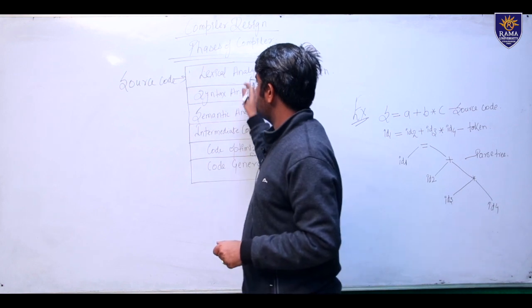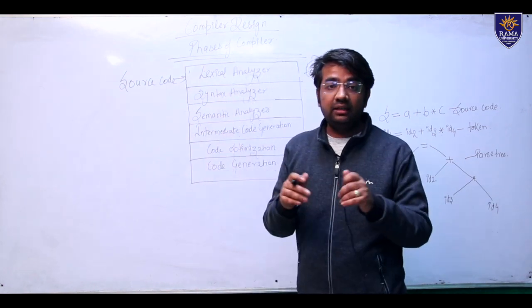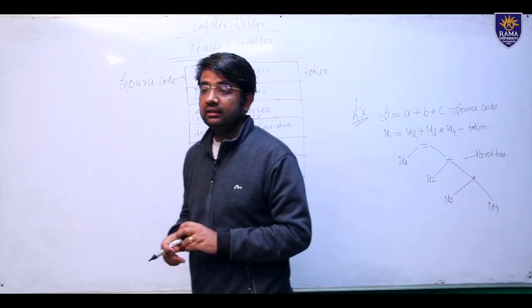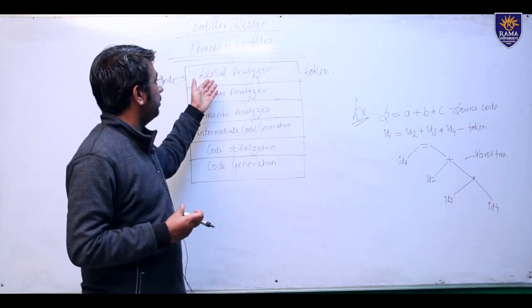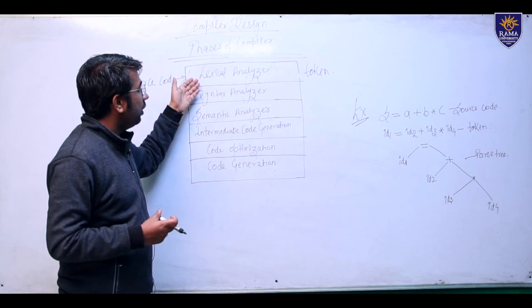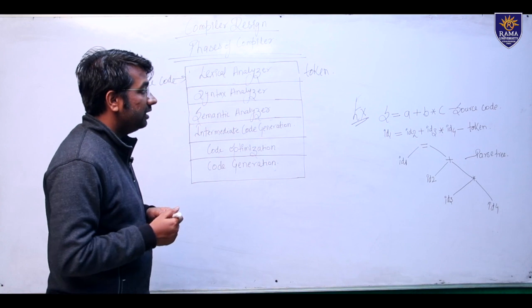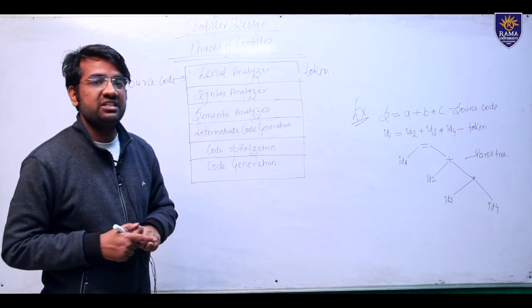In the second phase we are discussing the syntax analyzer. In the syntax analyzer, the tokens which we get from the lexical analyzer are converted into the form of a parse tree.